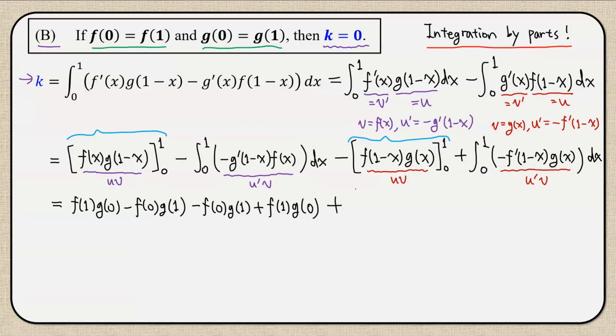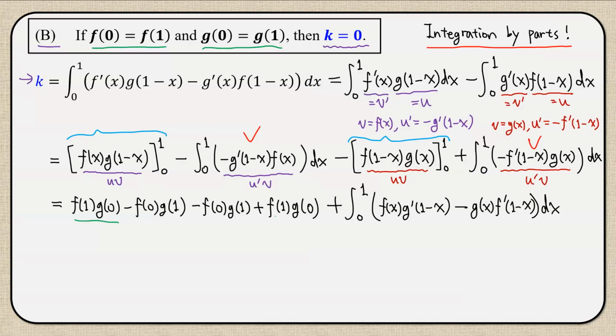Next, the two remaining integrals can be combined into a single integral, which is the integral of f(x)g'(1-x) with a plus sign, and then g(x)f'(1-x) with a minus sign.